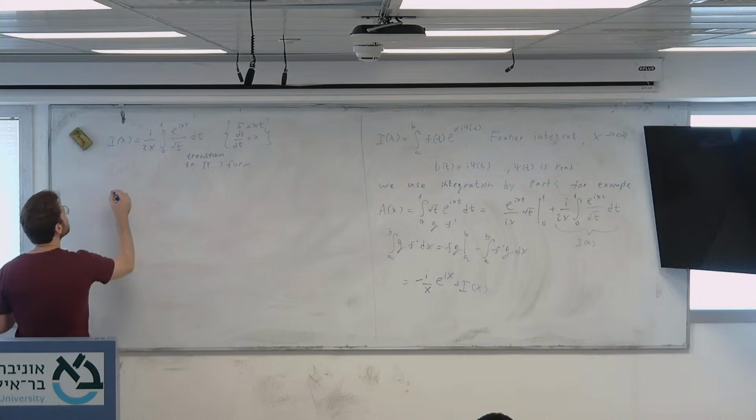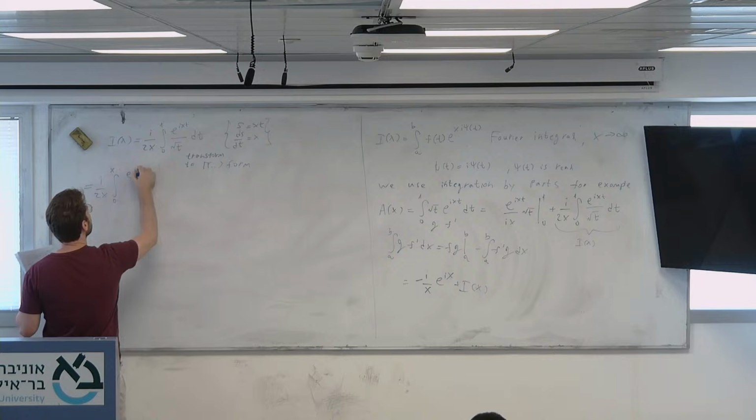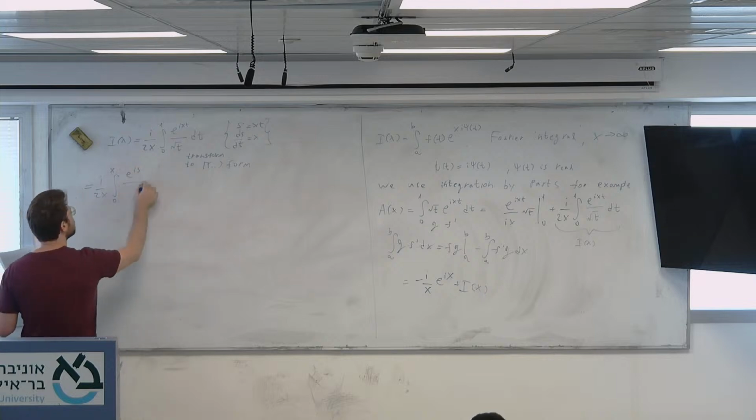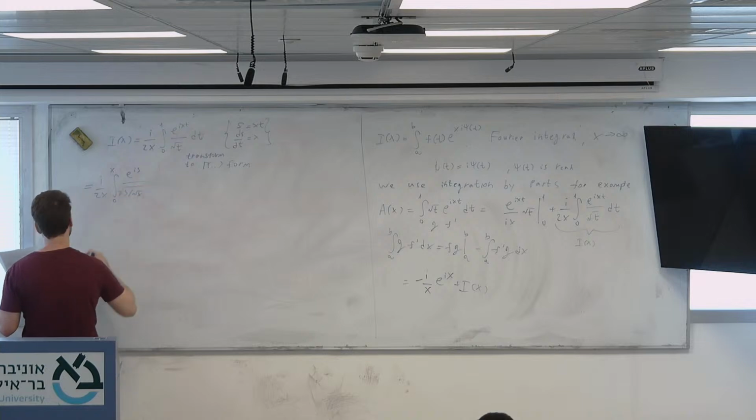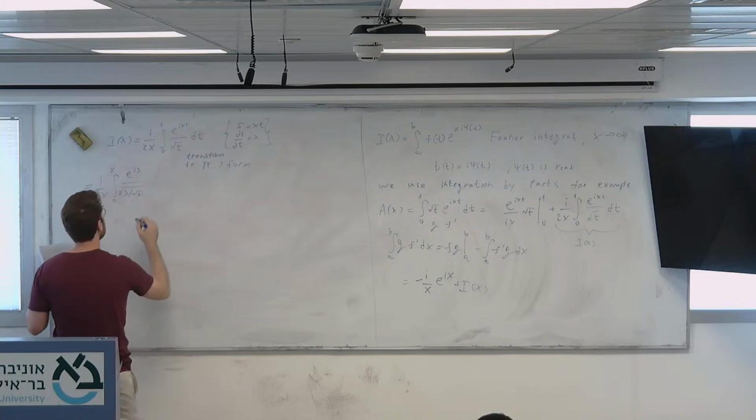Substitution, so we get now i/(2x) integral from 0 to x of e^(is) over square root of x, ds over x.